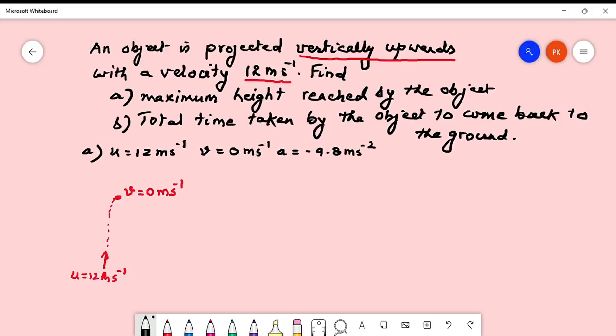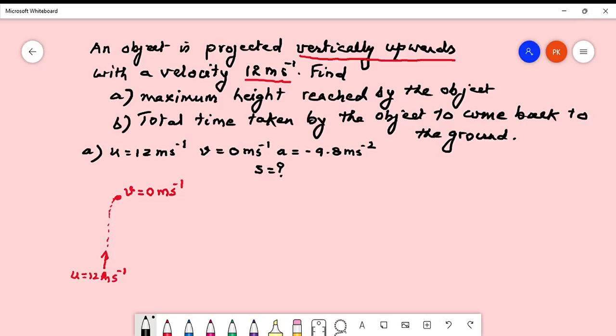In this case, we have to find out the maximum height. That means we have to find out the displacement. Now, which is the relation or equation that gives the relationship between the displacement, initial velocity, final velocity, and acceleration?